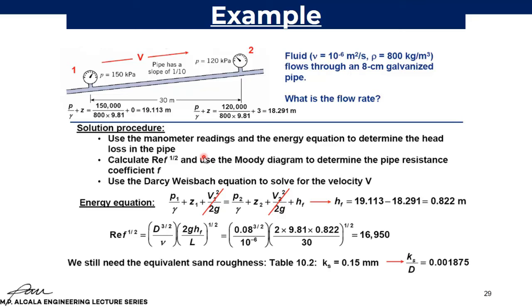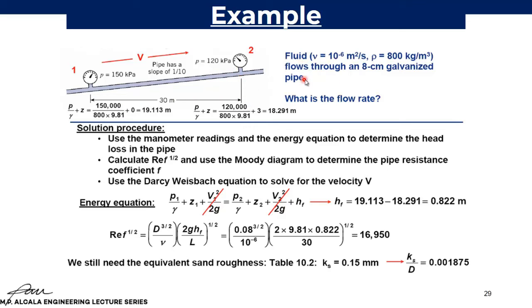Given this diagram of a pipe, the pressure at point 1 is 150 kilopascal and the pressure at point 2 is 120 kilopascal, with a length of 30 meters and a height of 3 meters.